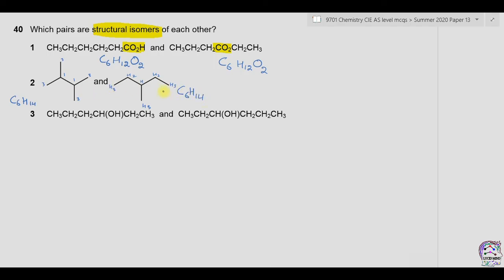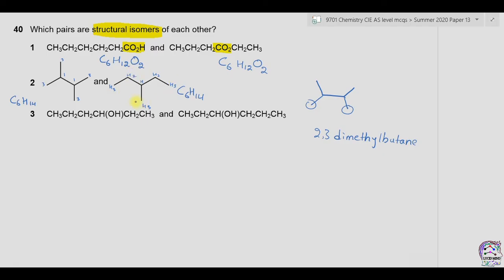The molecular formula is same. Let's name both of these. First one is, so the name should be this, and these are the methyl groups, so 2,3 dimethyl butane.